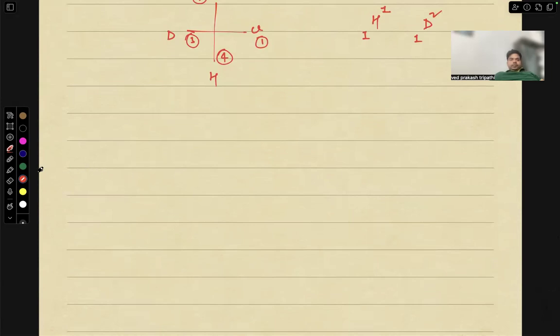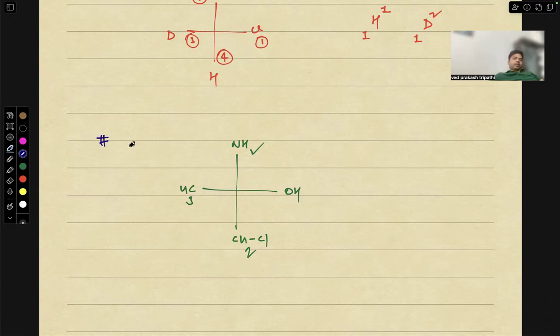Now the next, if you have a group of atom, for example, suppose we have OH, NH2, CH3, suppose CH2Cl. Then what should be the priority here? So whenever we have a group of atom, always compare the very first atom in each group, always.